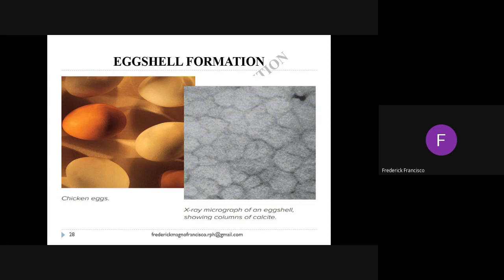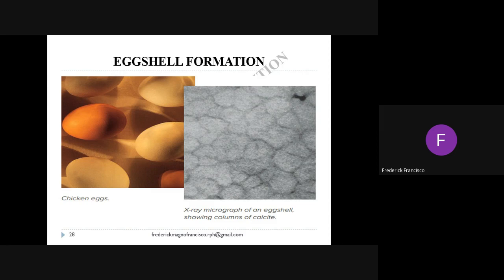In the blood, free calcium ions are in equilibrium with calcium ions bound to proteins. As the free ions are taken up by the shell gland, more are provided by the dissociation of the protein-bound calcium.